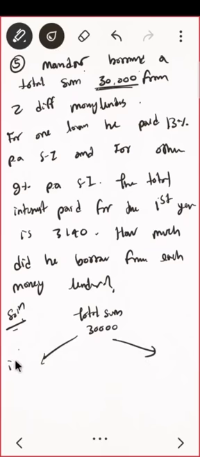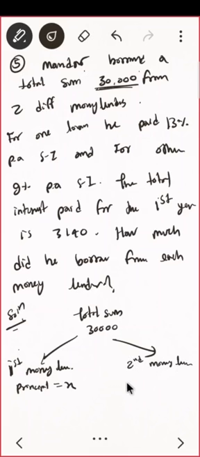Suppose principal is X. So what do you think, for second the principal will be what? What will be my principal here? Very nice, 30,000 minus x, because their addition should be 30,000. Nice. So their addition is now satisfying my condition.